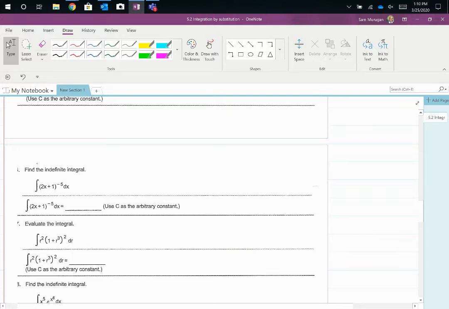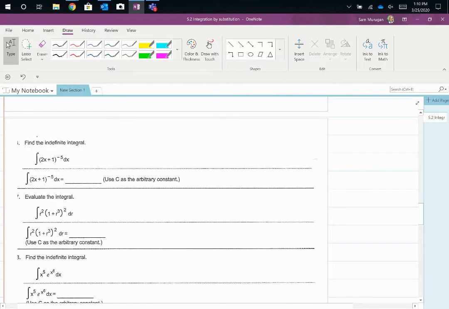Now, in this case we're not given a product here, so we would need to say let u equal to 2x plus 1. So u prime is equal to 2.